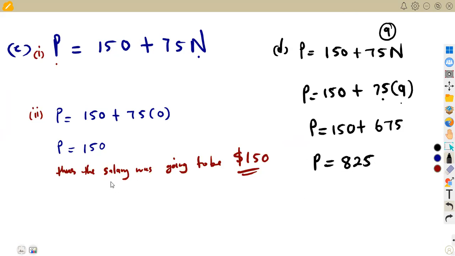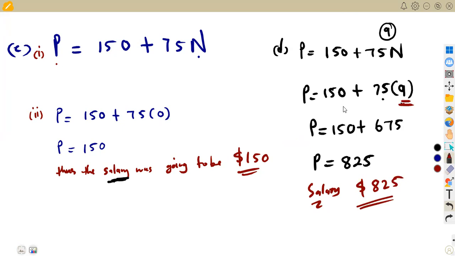So P is representing what? The salary. Same consideration just like the previous case. So our salary at the end was going to be $825 if she sold 9 cars. That is what she was going to obtain at the end.